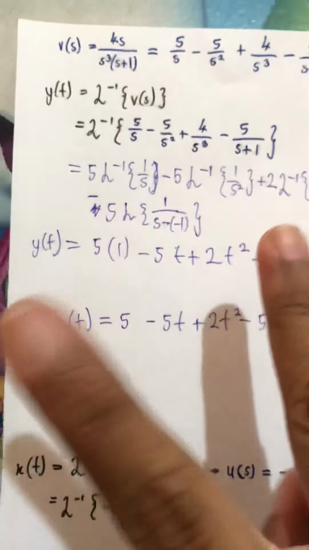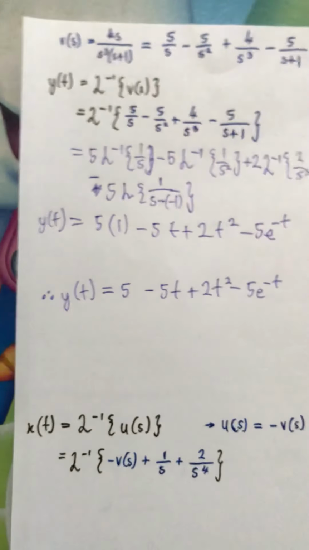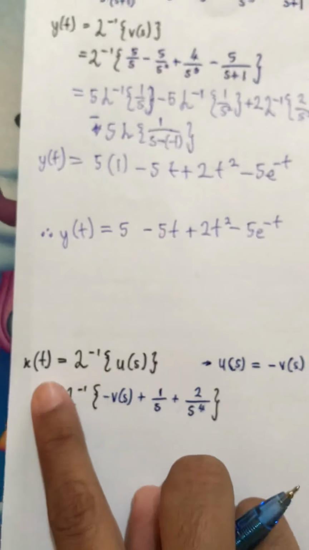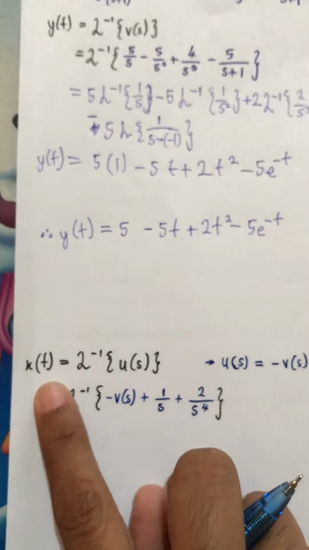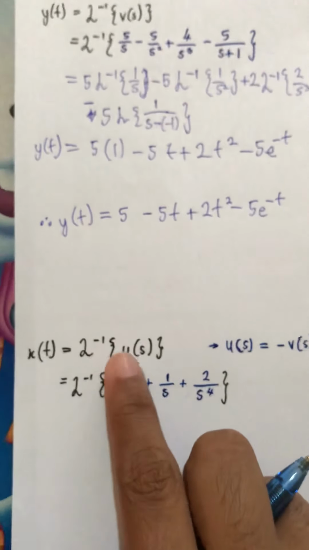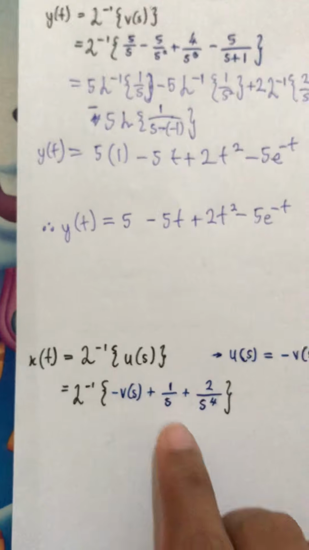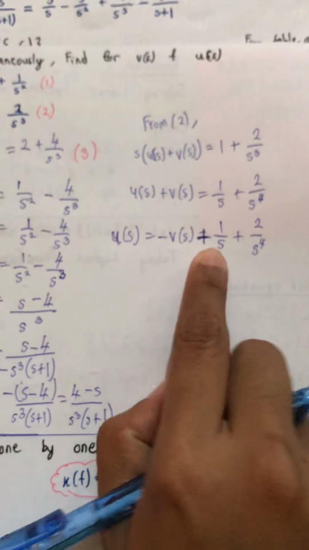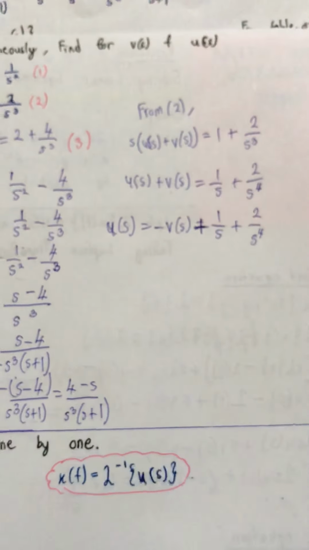Here we only get the first solution. So we need to perform the next step to find the second solution, where we have to find the solution of x. So for x, we take the inverse Laplace transform of Us. Our Us is minus Vs plus 1 over s plus 2 over s power of 4.